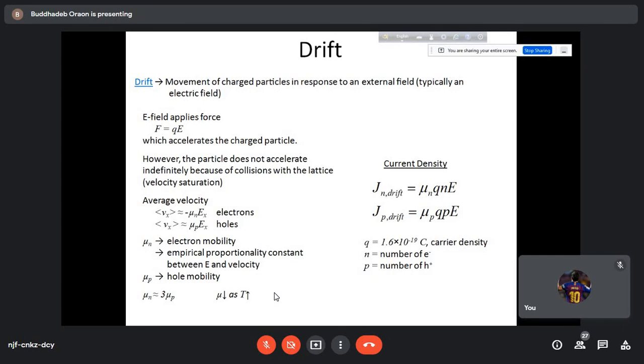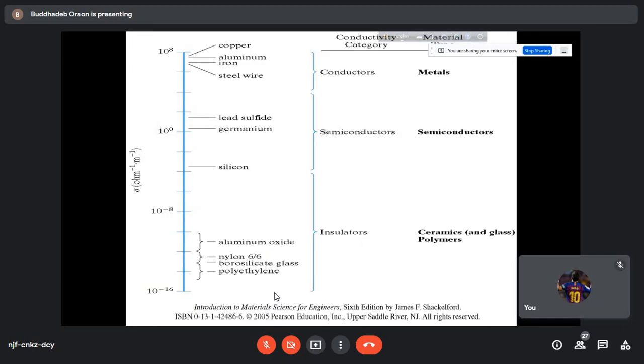How current density is related to the mobility of negative charges and holes. These equations indicate that, and this will be applicable when we'll be discussing the P-type or N-type semiconductors.